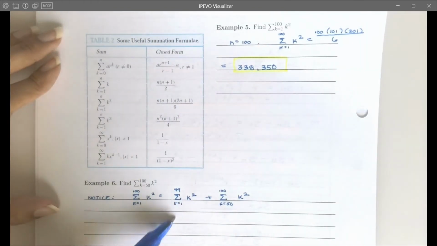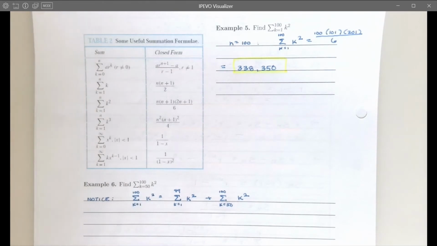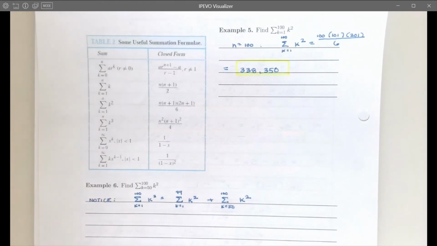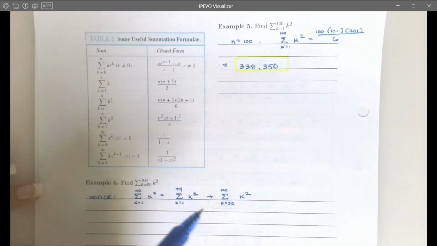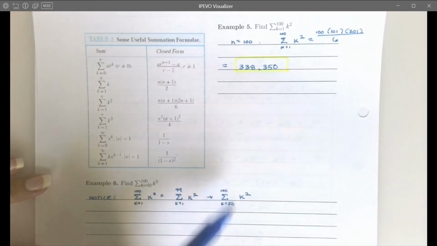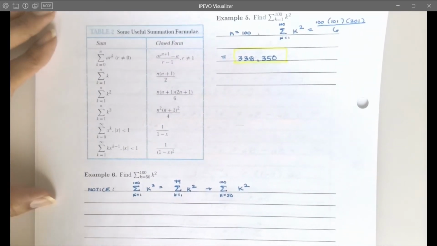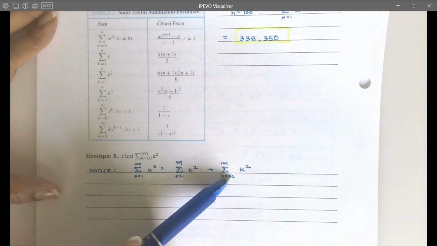All right. So basically what we're doing is we're breaking up the sum of the first 100 numbers into the sum of the first 49 plus the sum of the last 51. Okay. And now, if you notice, this is what we're looking for. We're looking for the sum from 50 to 100.